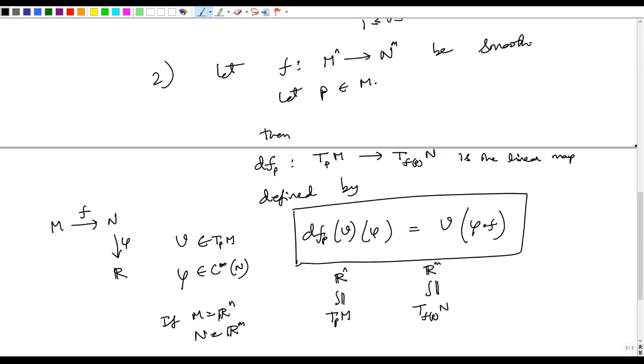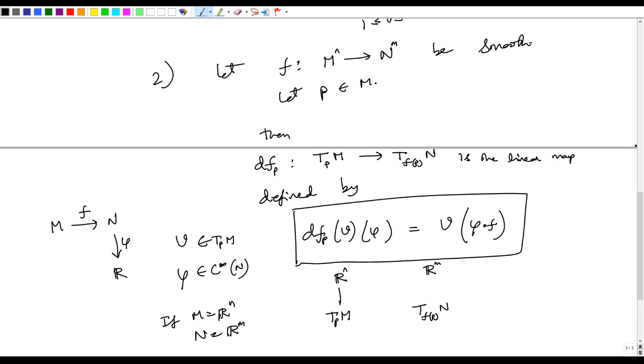The point here is when the underlying manifold itself is Rn, then there's a natural identification, natural in some sense, which we saw. And if we use this, so the identification, instead of using the isomorphic sign, let me just write as a map.